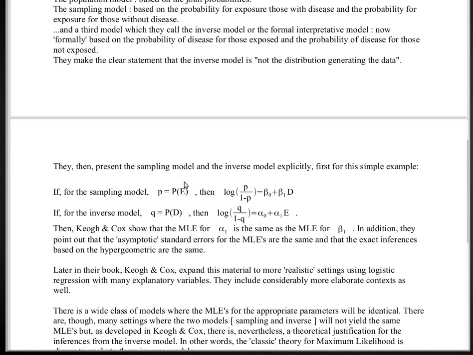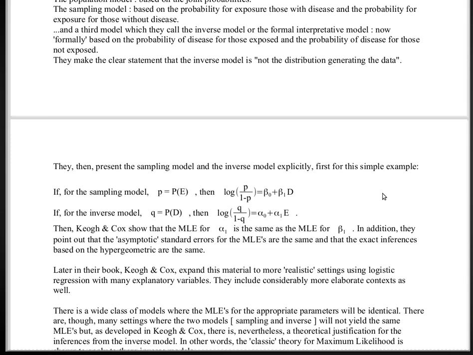So then they present the sampling model and the inverse probability model directly. And then they show that the maximum likelihood estimate from the sampling model is the same as the maximum likelihood estimate from the inverse model. These two numbers are the same. And the standard errors are the same, and the exact inferences based on the hypergeometric are the same.